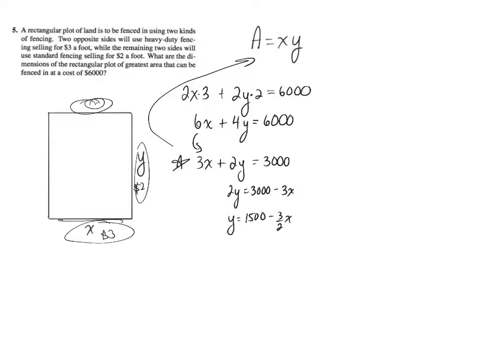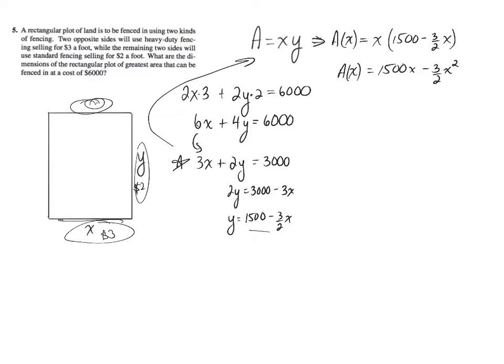If we take that expression for y and drop it into the area equation, we get the area as a function of x. It's going to be x multiplied by y, which is x times 1,500 minus 3/2 of x. Cleaning that area function up to get it ready for a derivative, we get 1,500x minus 3/2 of x squared.